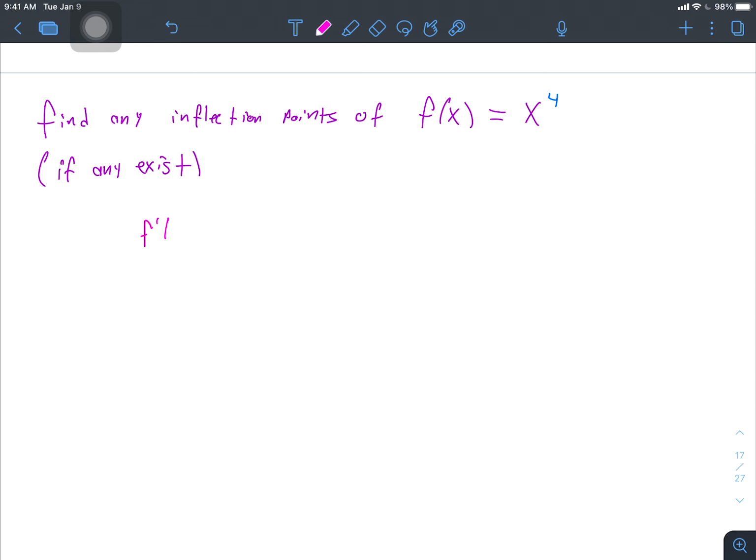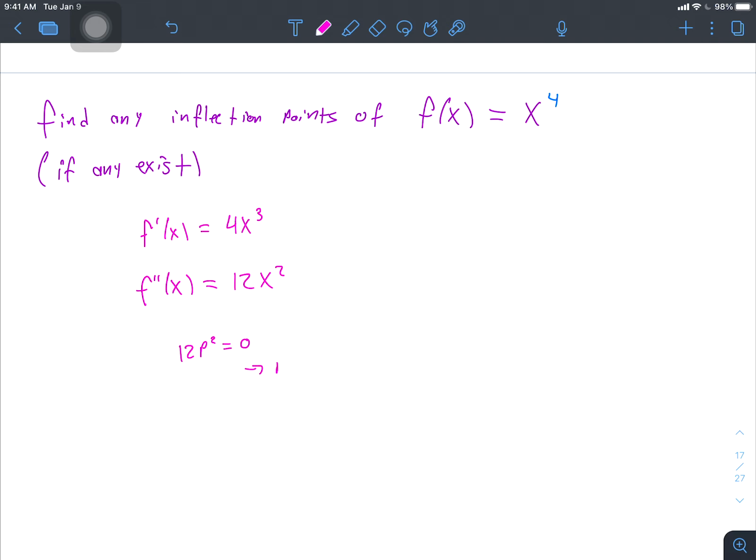So first I find the first derivative. That's going to be 4x cubed. Easy. The second derivative is going to be 12x squared. So all I need to do is find the points where this second derivative will be equal to 0. So I solve 12p squared equals 0.